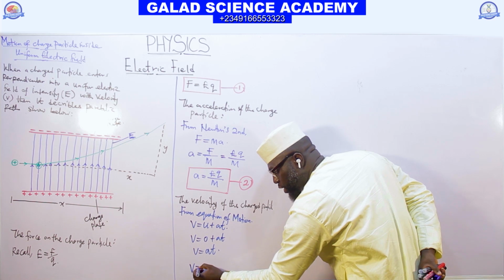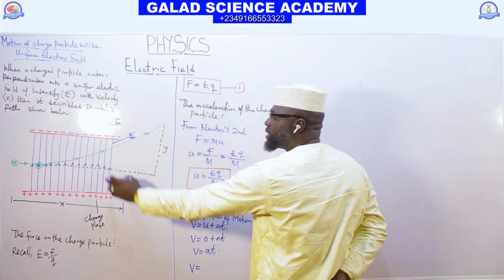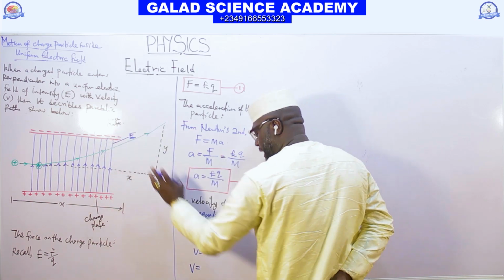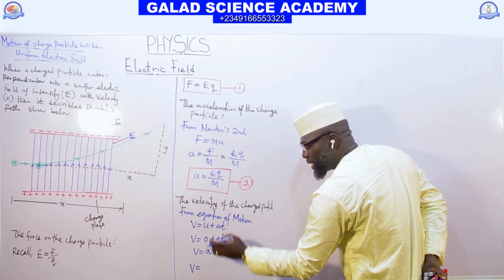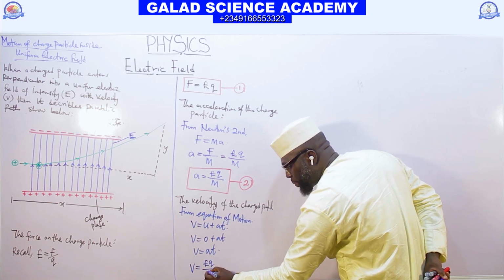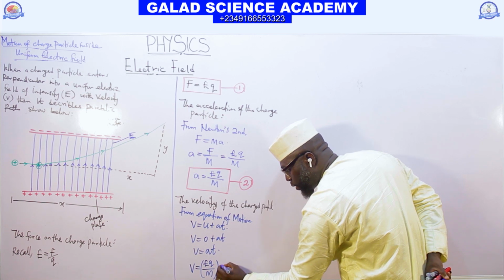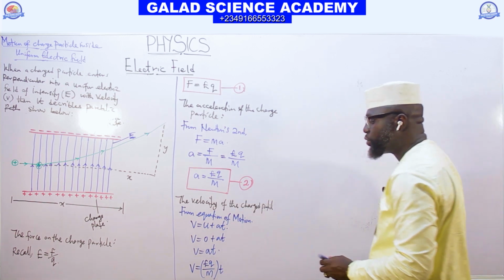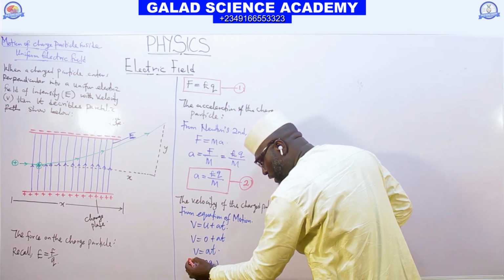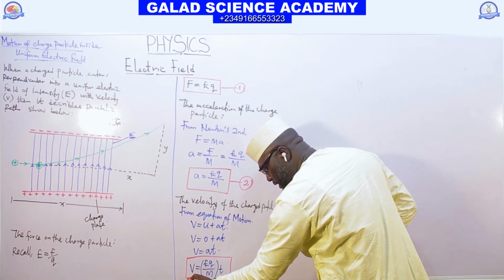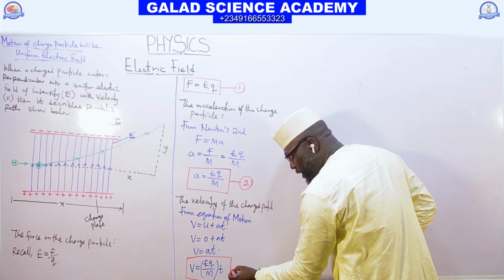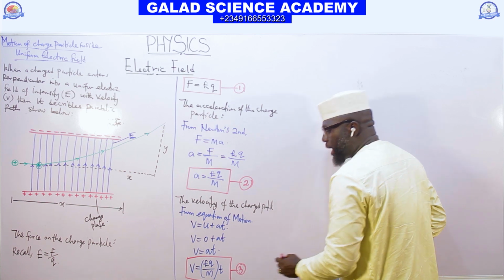Substituting for A here, EQ over M, everything into T. This is the formula used to find the velocity of a charged particle in an electric field.